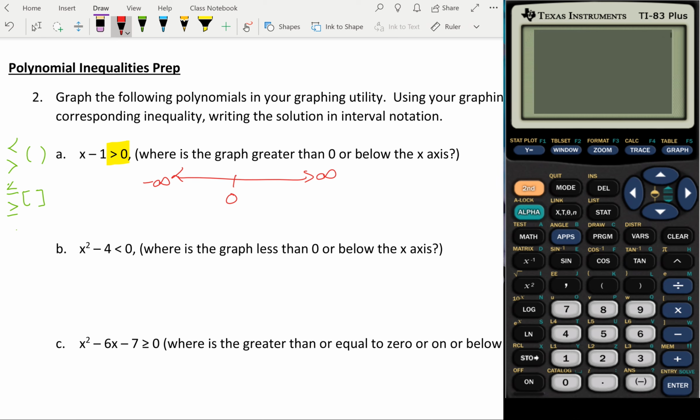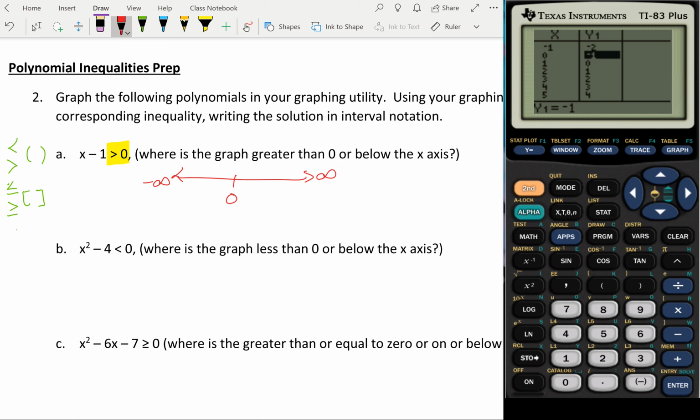Again, I'm going to show you where are my answers positive. I'm going to take a look, and I'm going to see at 0 it's negative. At 1, I now am at the answer 0, which technically is considered a positive answer. And then I keep getting positive answers after that. Remember, my answers are this side, my y1. So I want to know, where is it positive?